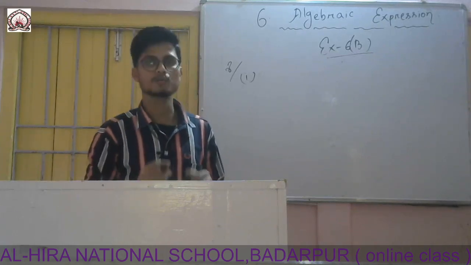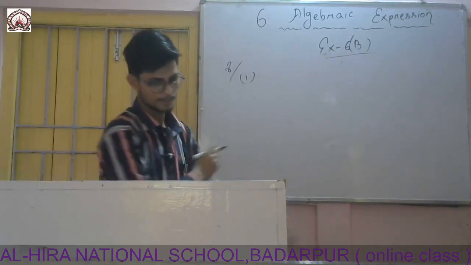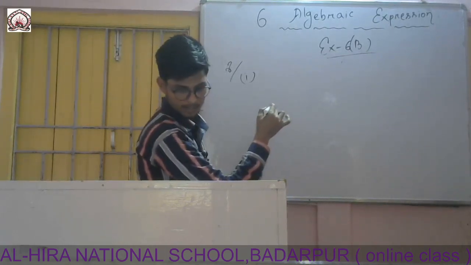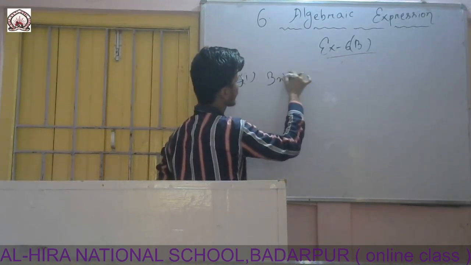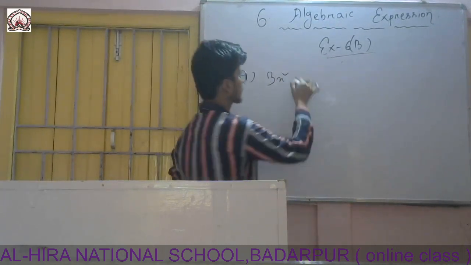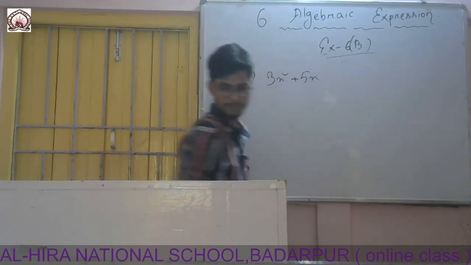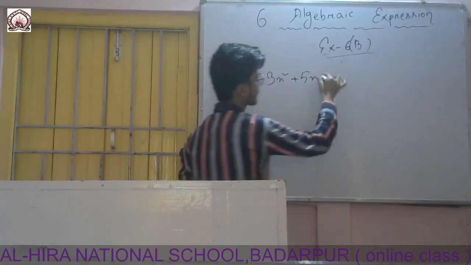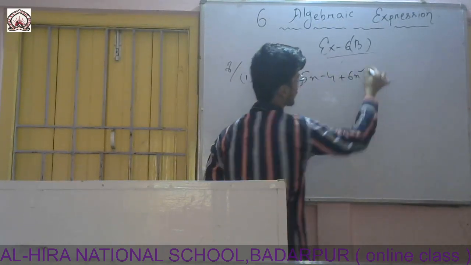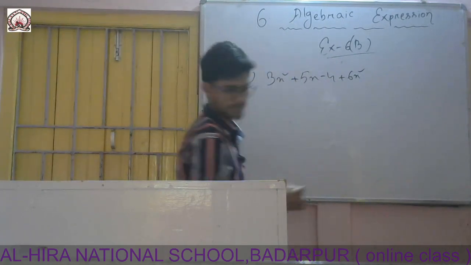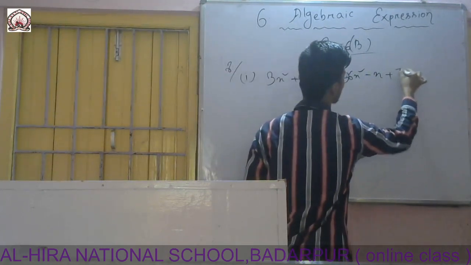So you have to match column A and column B. The first one is given, 3x square plus 5x minus 4 plus 6x square minus x plus 7.